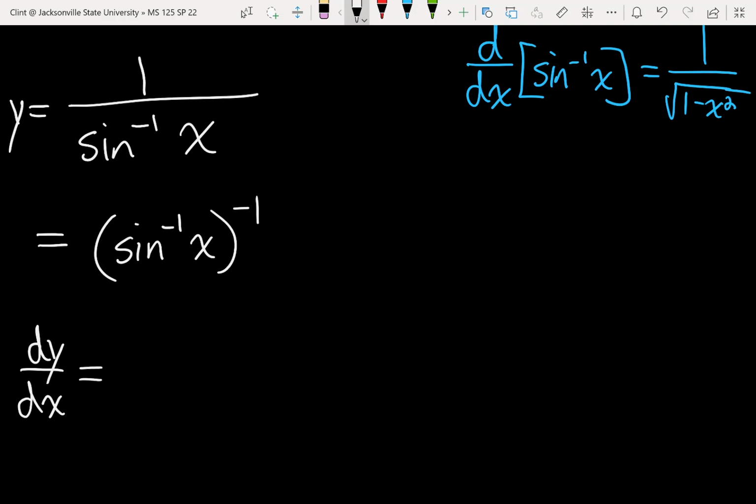So the outer portion there would multiply -1 in front, leave the inside alone, subtract 1 from the exponent, and then times the derivative of the inside part. So the derivative of our inside part is 1 over square root of 1 minus x squared.